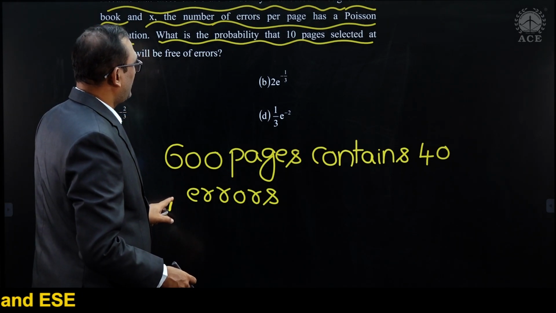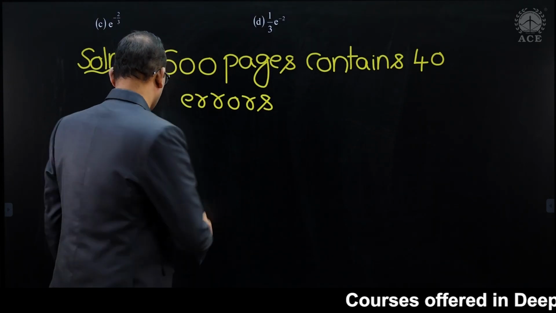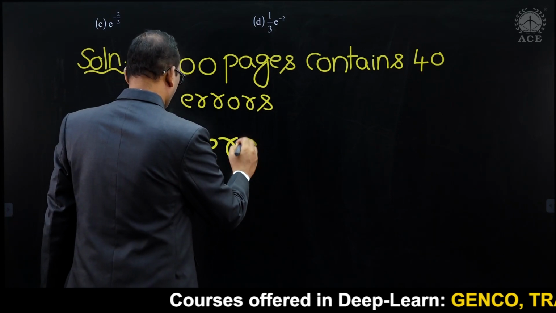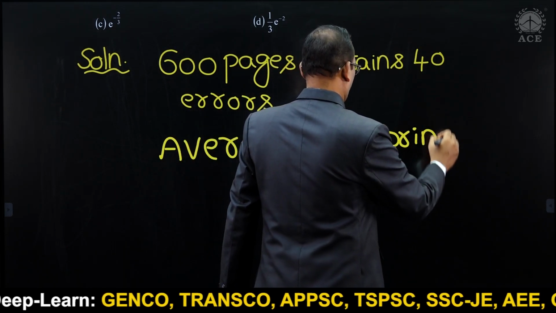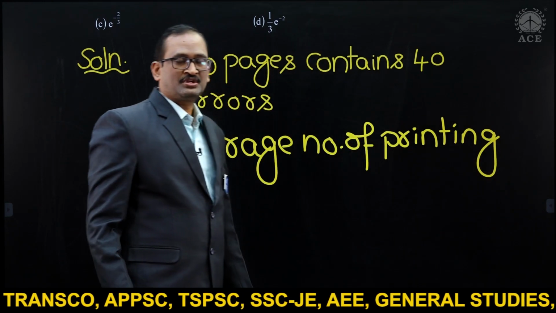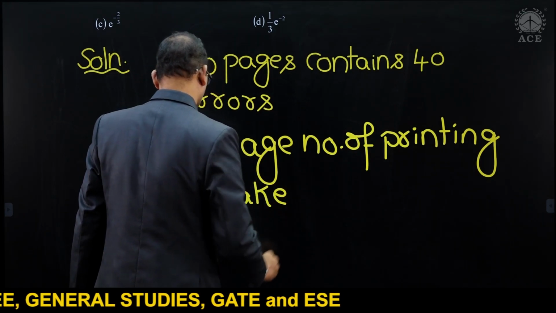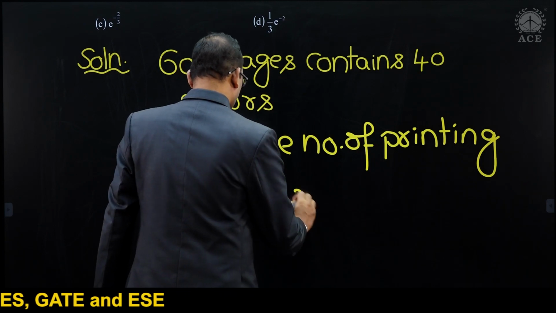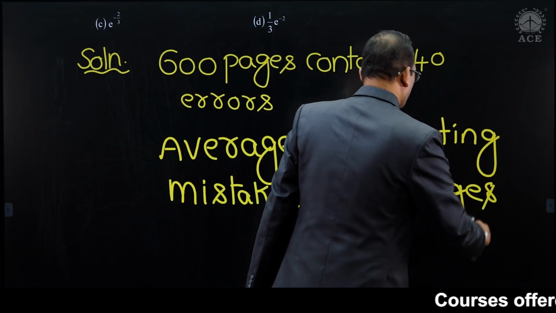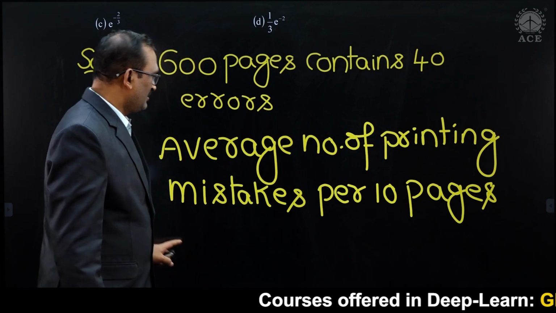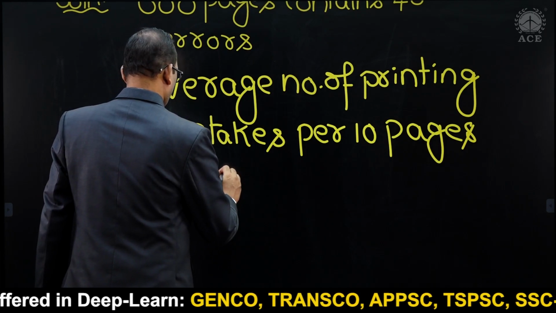Remember, 10 pages. Now let us assume average number of printing mistakes per 10 pages, means average value of the Poisson distribution, that is lambda is equal to NP.